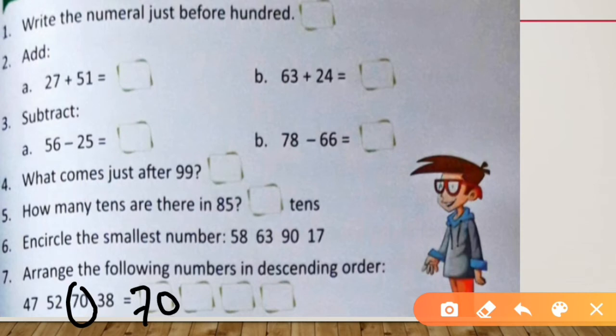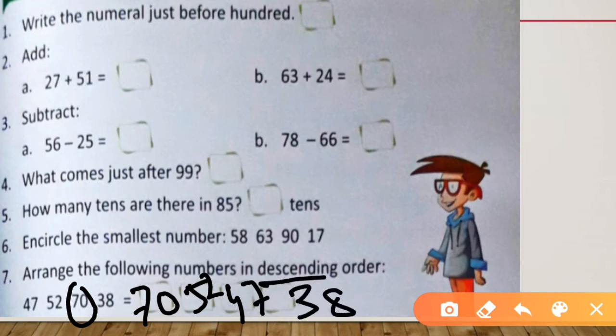Then 52. Then 47. And lastly 38. So, this is descending order. Starting from biggest number, then smaller, then smaller, like this way.